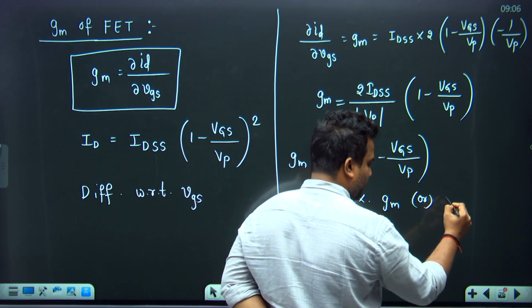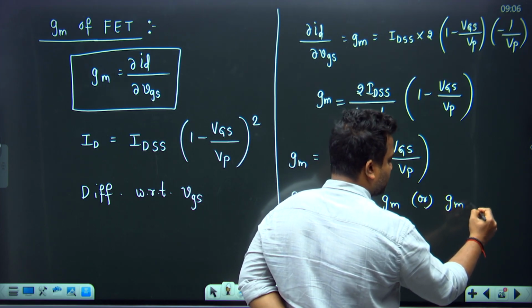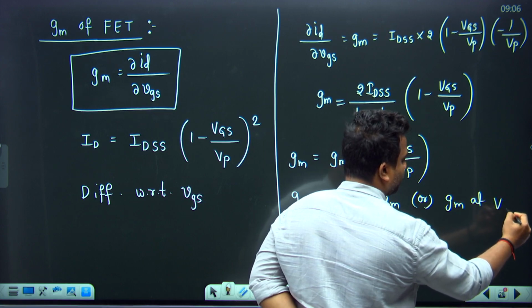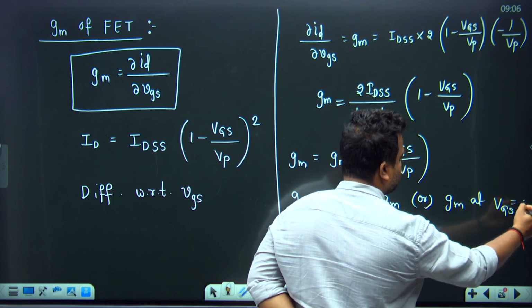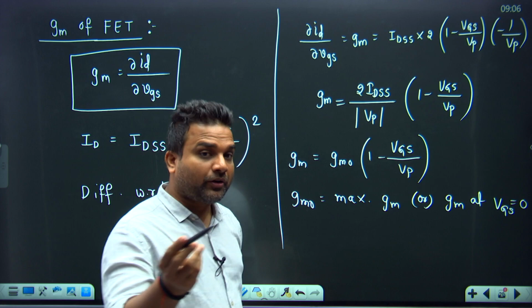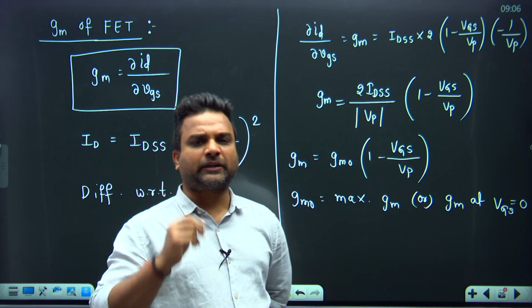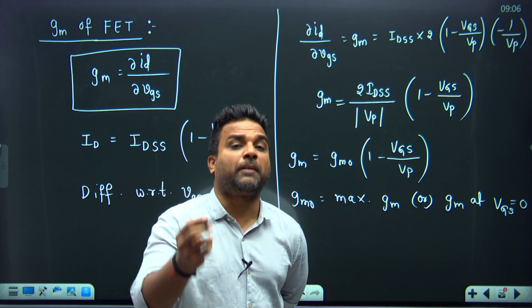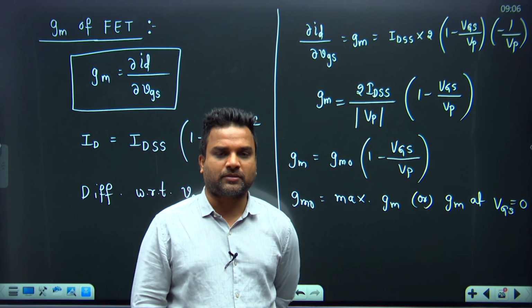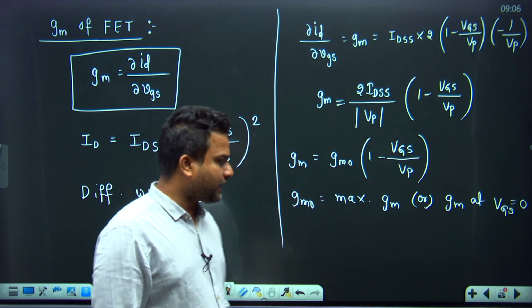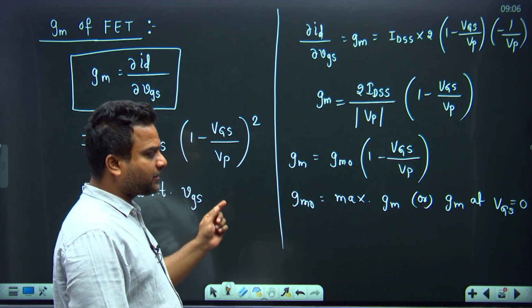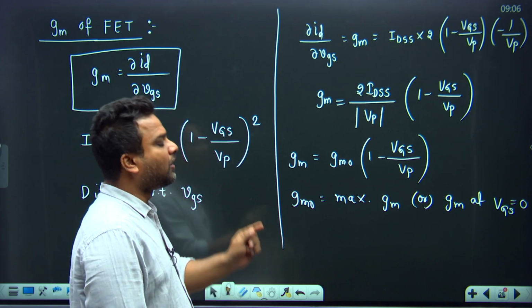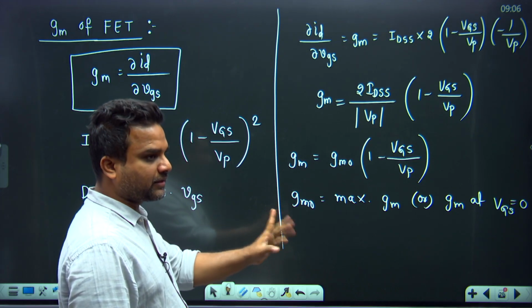Because guys, whenever VGS is equal to 0, definitely you will get the maximum current. Whenever you get the maximum current, that could be the maximum transconductance. That's it. So guys, here GM naught is the GM at VGS equal to 0, or maximum transconductance.